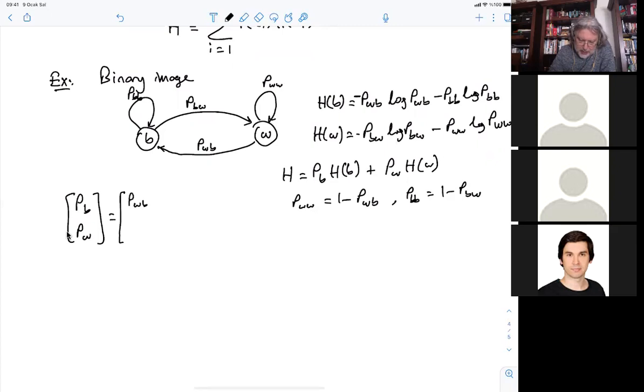The first one is black to black, probability white to black, probability of black to white, probability of white to white, times probability of black, probability of white.